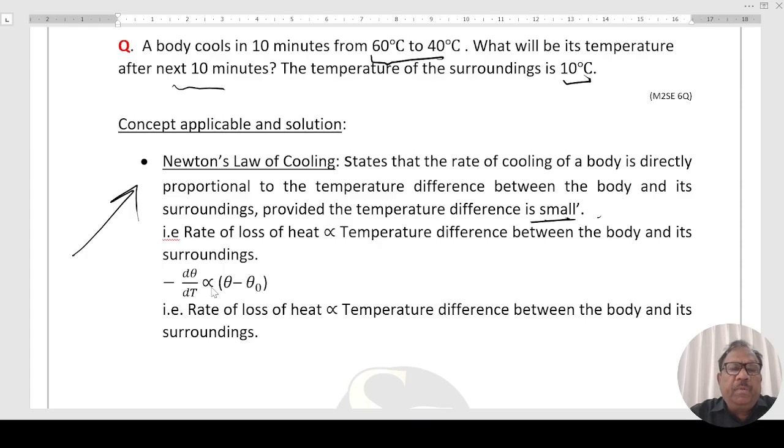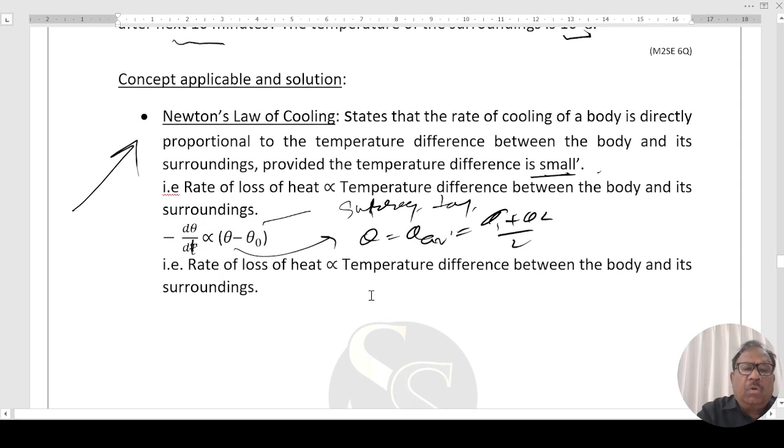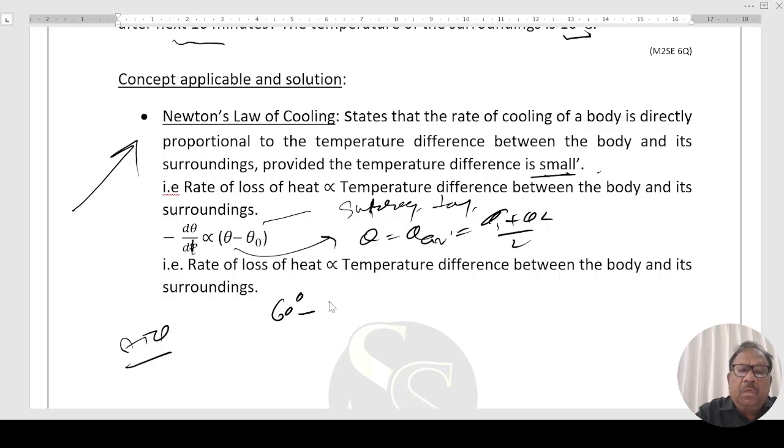Means d theta by dt, this is time, is proportional to theta minus theta naught. Theta naught is the surrounding temperature and theta is theta average, that is theta 1 plus theta 2 divided by 2. Therefore, according to the question, 60 degrees centigrade to 40 degrees centigrade in 10 minutes.